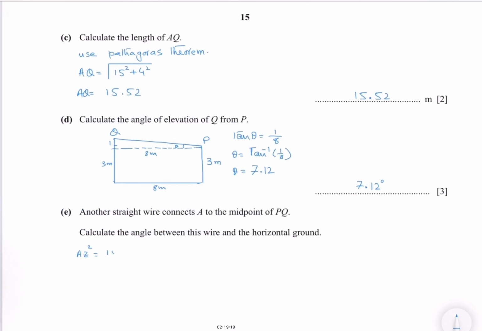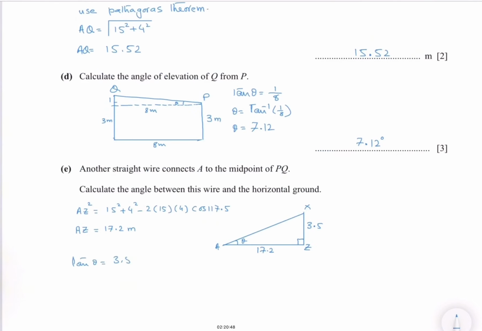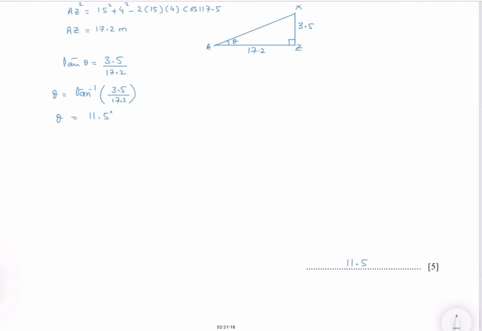So now AZ square is equal to, using the cosine rule, 15 square plus 4 square minus 2 into 15 into 4 cos of 117.5. So AZ, you solve it, is 17.2 meters. And XZ is 3.5. This is the angle which is demanded. So take tan theta is equal to 3.5 over 17.2. So tan inverse is this. So you got the theta value.